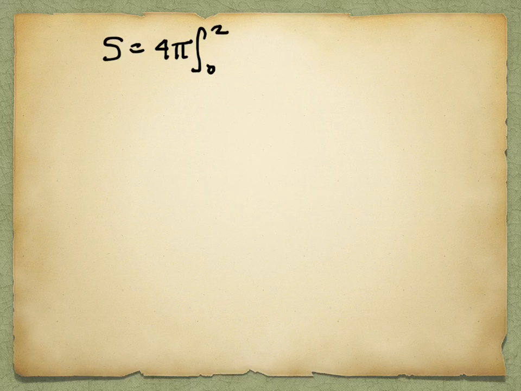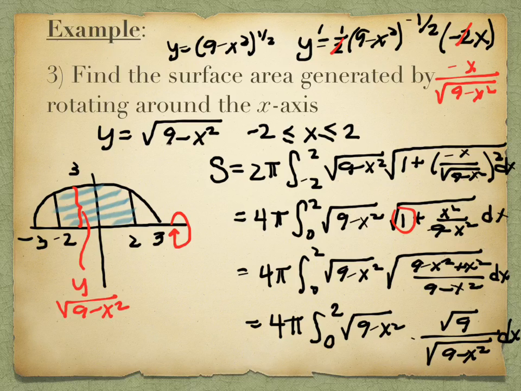So this is our area, and this is going to be the 4 pi times the integral from 0 to 2. And we want to simplify this expression. As you can tell clearly that these cancel out, and the square root of 9 is simply 3.